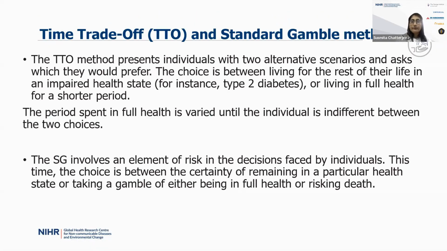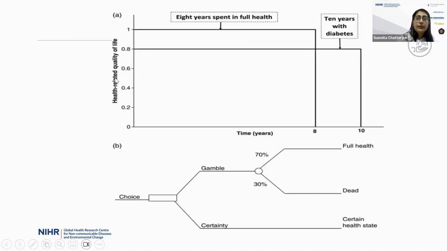There are two other methods, time trade-off and standard gamble. I will go to this and explain what this means. Here in time trade-off, the first one, we give the study participants two choices. Suppose you will live 10 years with diabetes, and first we say 7 years with full health.